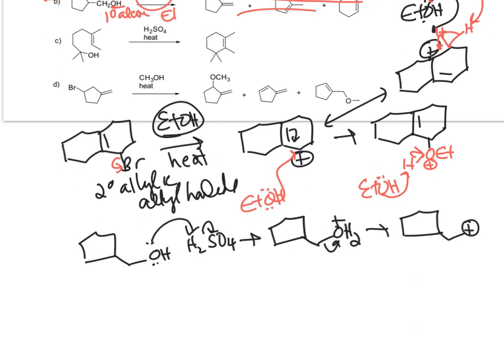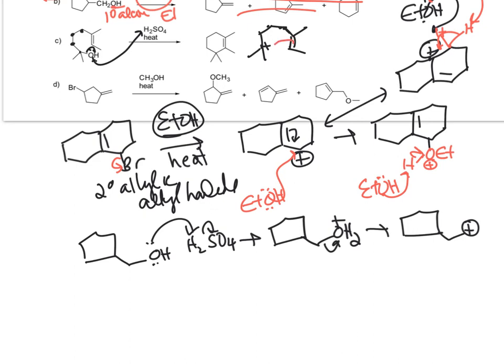Okay, let's look at this one here. This alcohol will get protonated. The key to these is just to draw them like you see them. So this is 1, 2, 3, 4. 1, 2, 3, 4. And then the OH will leave. So you got a carbocation there.